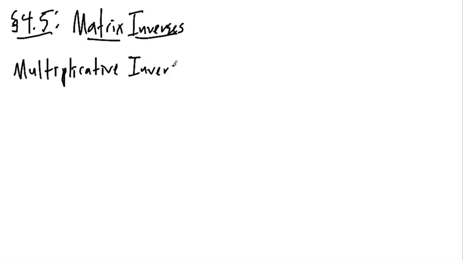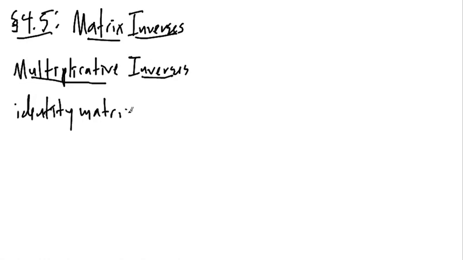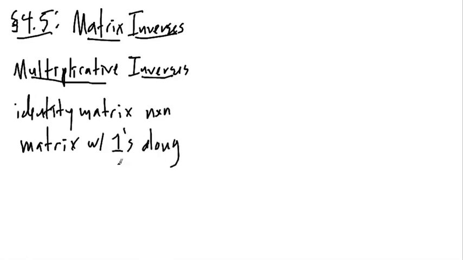Now we already talked about the identity matrix in one of the previous videos, but let's just remember the identity matrix is going to be a square matrix, an n by n matrix with ones along the main diagonal.